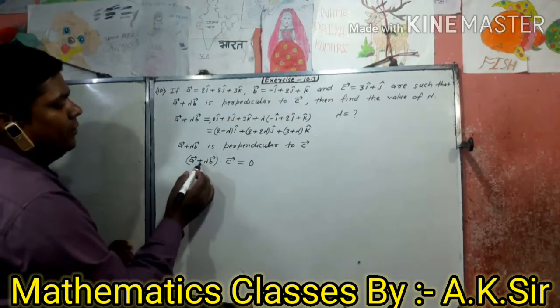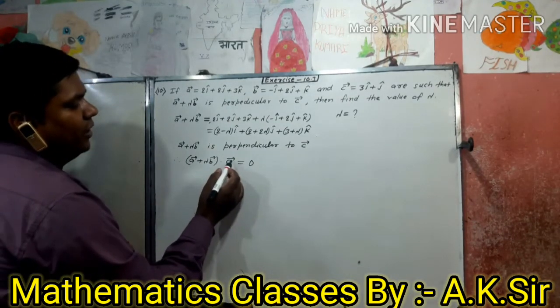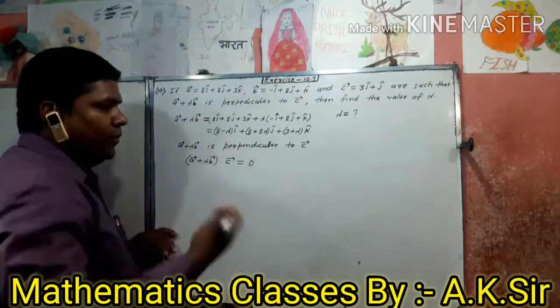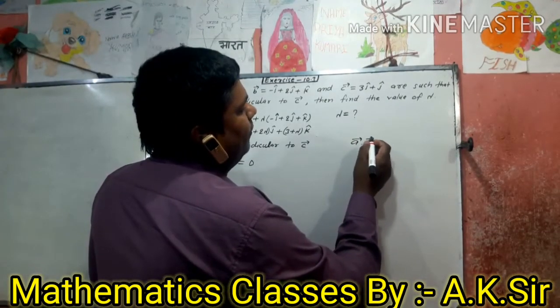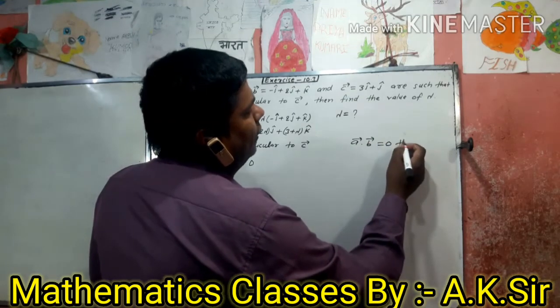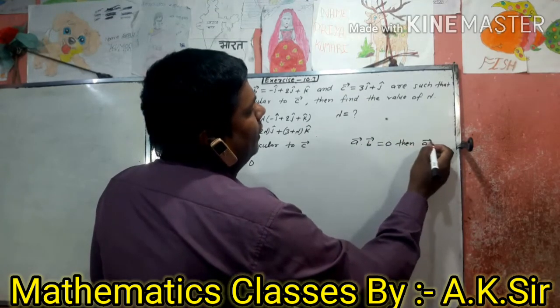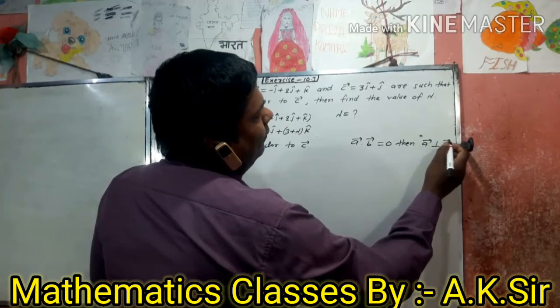So a vector plus lambda b vector dot c vector is equal to 0, because we have read that if a vector dot b vector is equal to 0, then a vector is perpendicular to b vector.